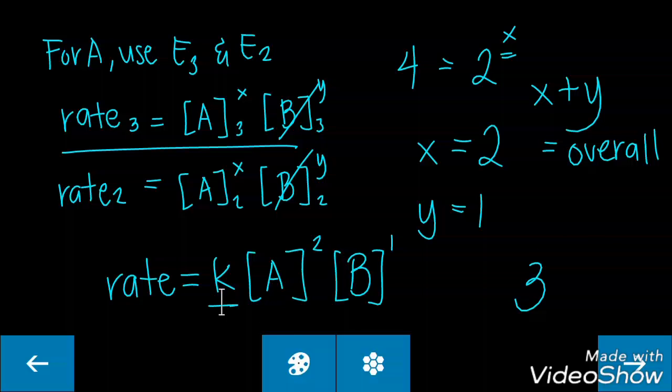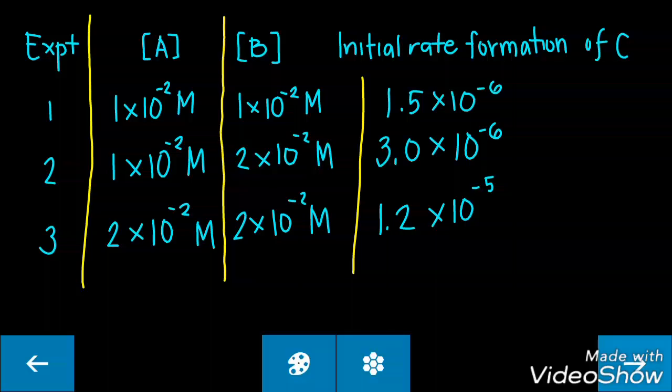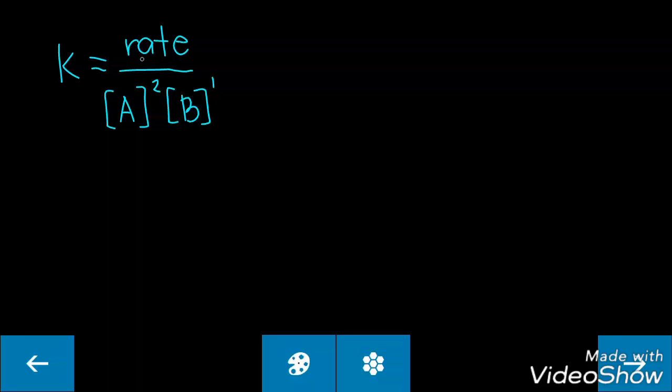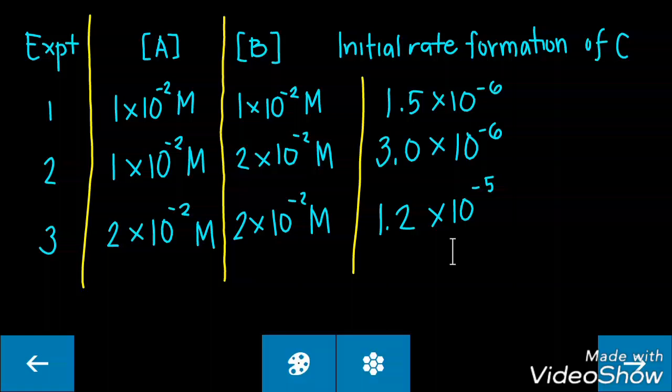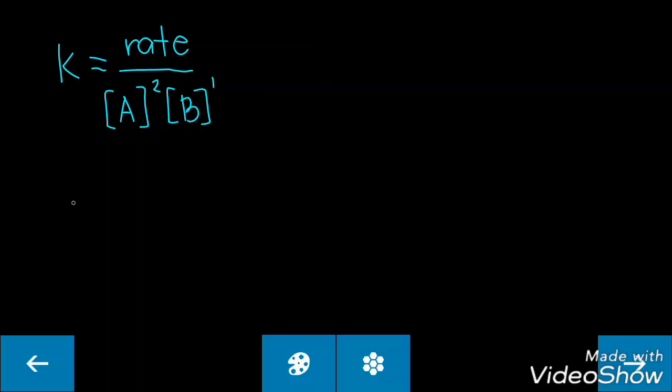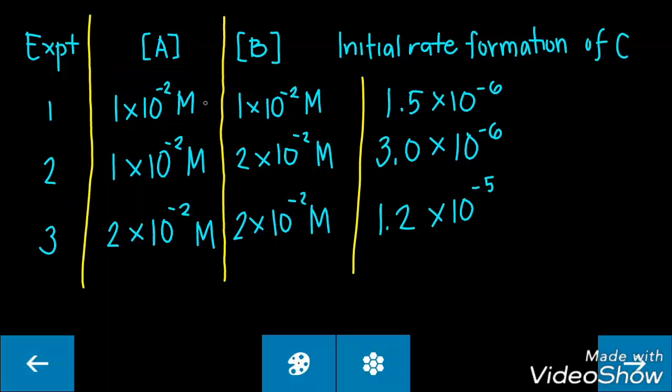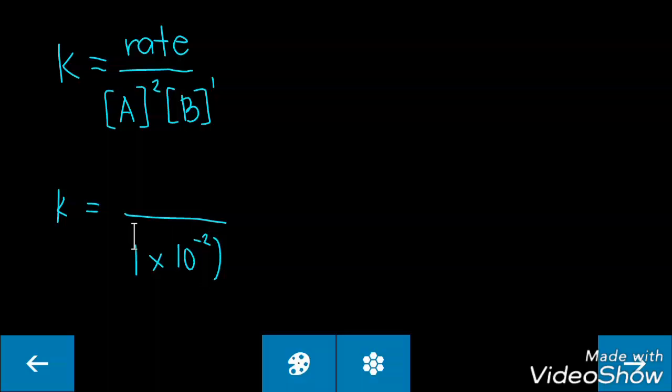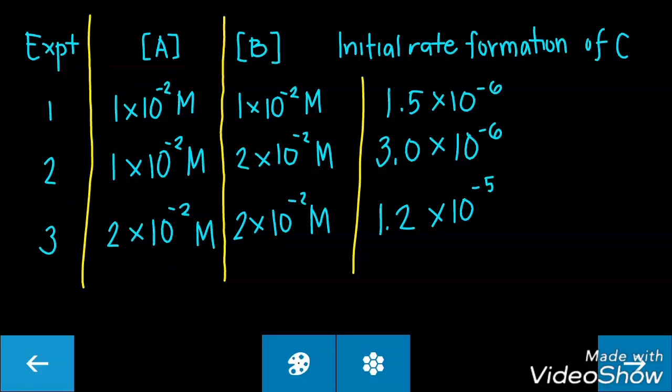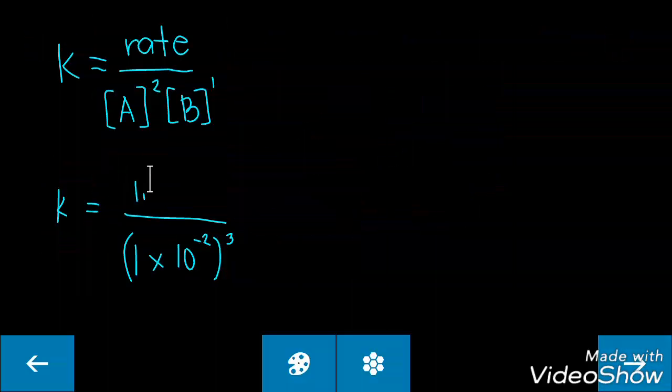Now, if we are tasked to find K, look at here, K is equal to the rate all over the concentration of A squared and the concentration of B. We just transposed it so that we can isolate K. So I will just use experiment 1 for A and B. They are both equal, so I'm going to just write that as K is equal to the rate, 1.5 times 10 to the negative 6, over 1 times 10 to the negative 2 squared, raised to 1, so this is understood also as cubed.